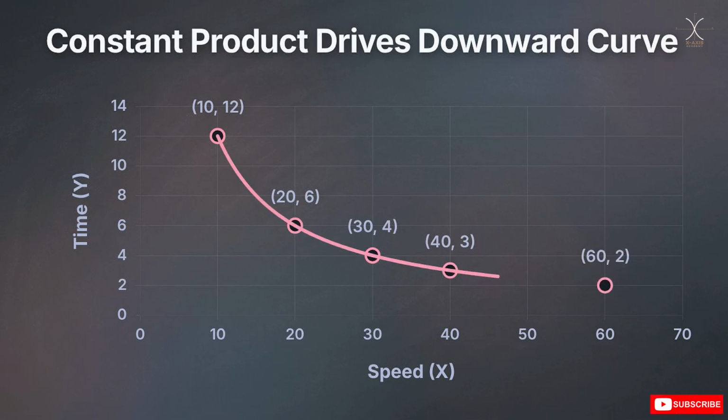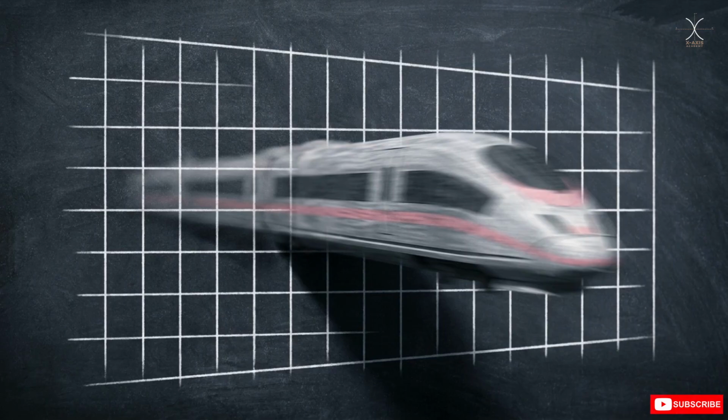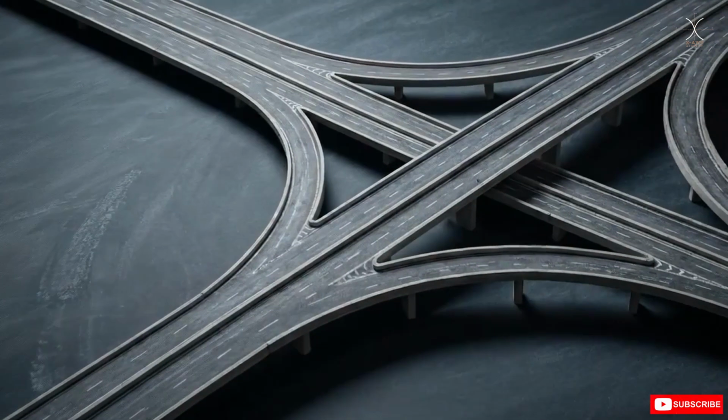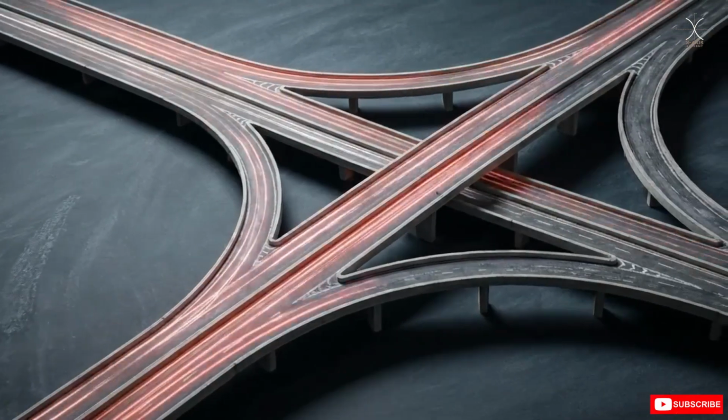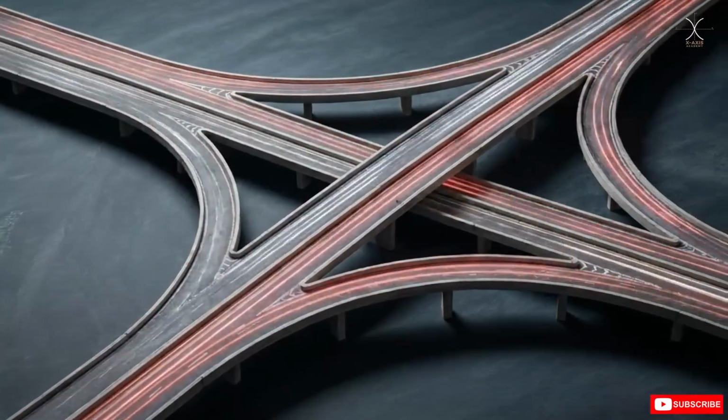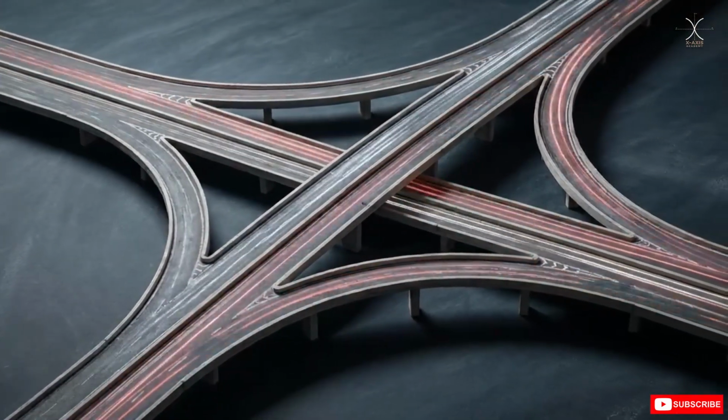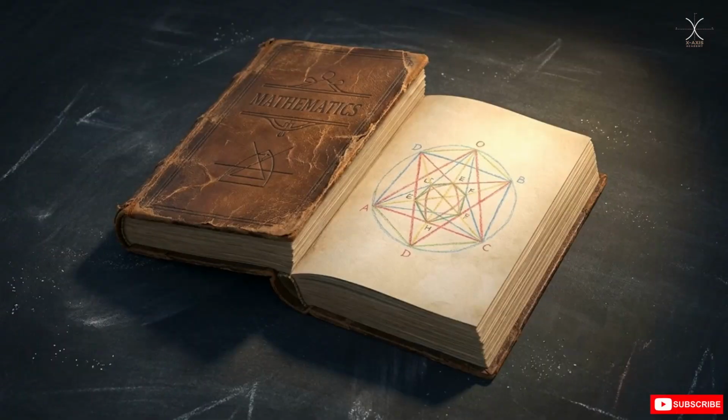The graph plots a smooth, downward curving slope as the dependent variable actively shrinks to offset the increase of the other. These equations reveal the predictable, unbreakable rules underlying shifting physical realities. And by mastering these two distinct logical pathways, you gain the power to perfectly predict the future of shifting variables, because while the numbers constantly change, the underlying mathematical truth stands still.